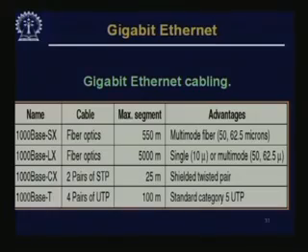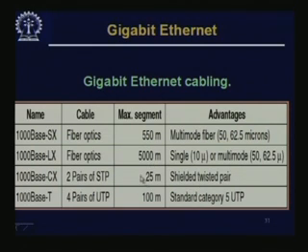So, for Gigabit Ethernet we have 1000BASE-SX. This SX denotes a multimode fiber, and the maximum segment size would be about 550 meters. 1000BASE-LX uses single or multi-mode fiber, and this goes 5000 meters.